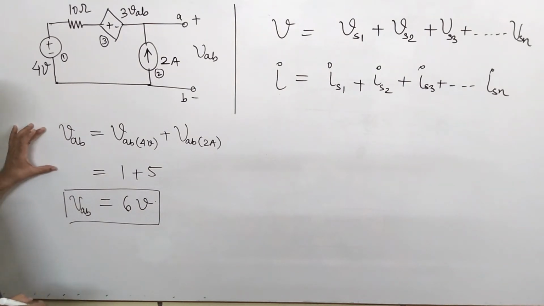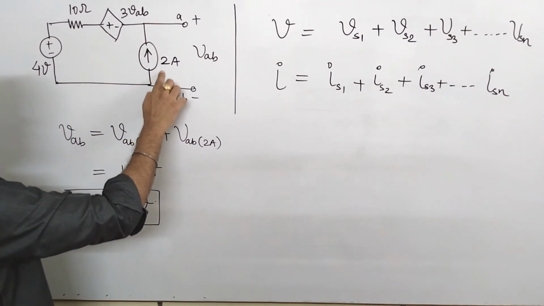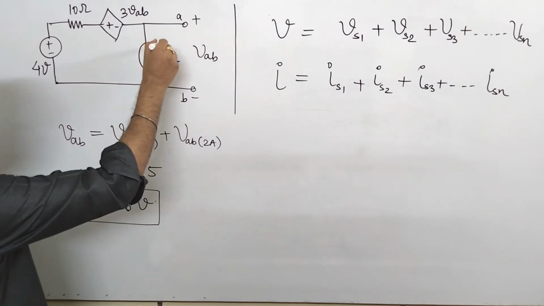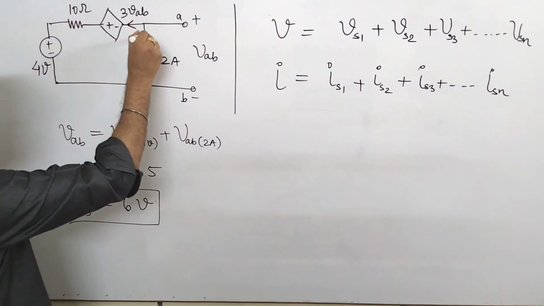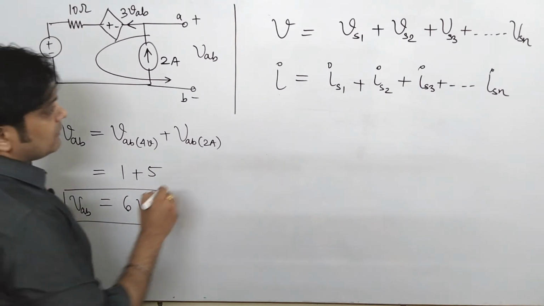Now your question is whether the voltage VAB we have found here is true or not. So we will directly apply the concept here. This is your VAB, and this 2 ampere will enter here; we will apply one super mesh here.